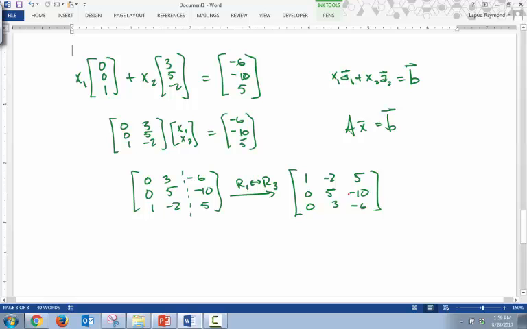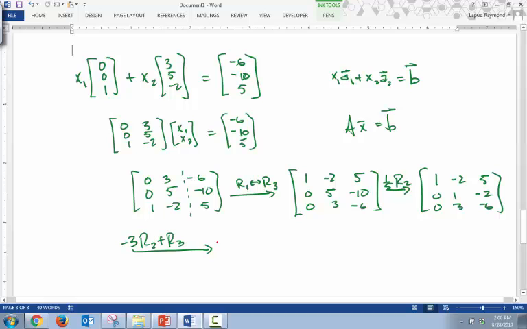Right? And then for the next step, let's just do one quick simple step over here. Multiply the second row by 1/5. And then I'll take the second row, multiply that by -3, and add it to the third row.